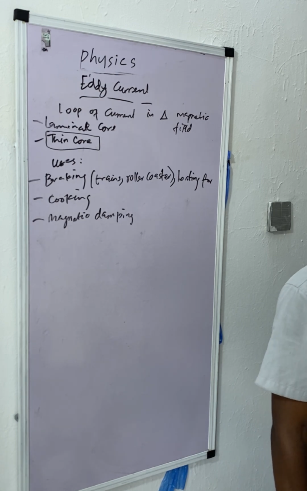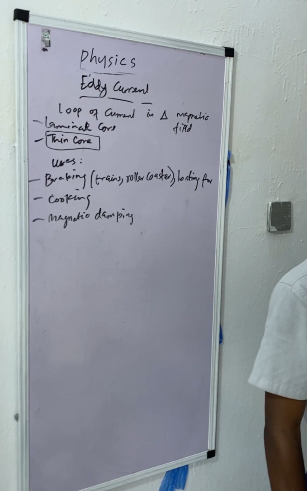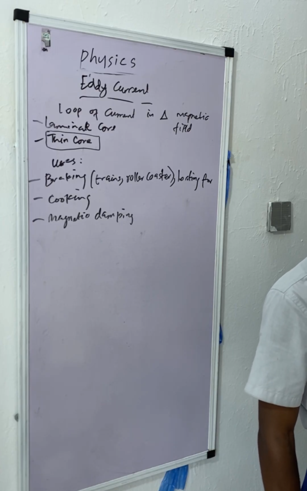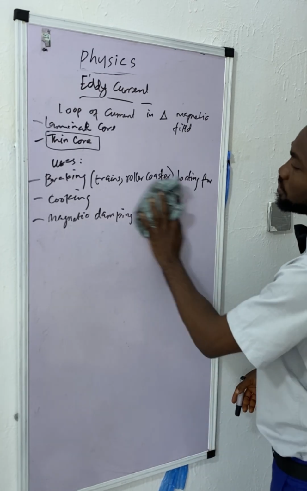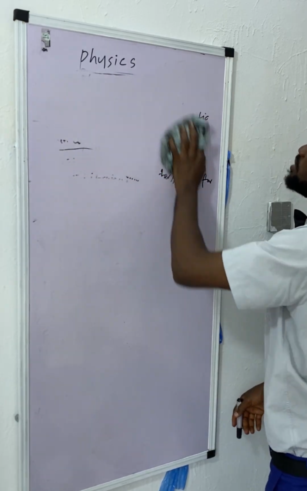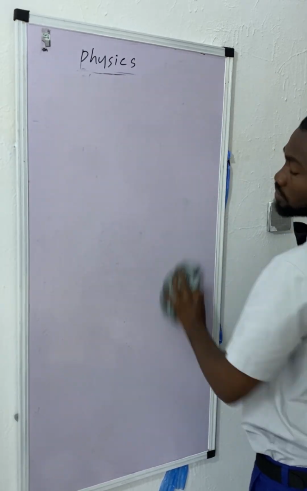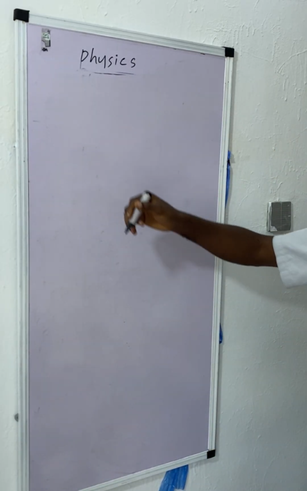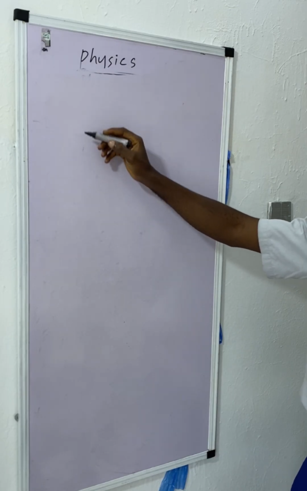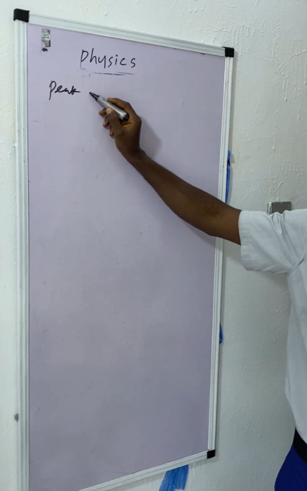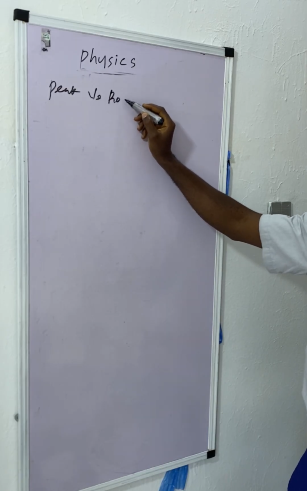Let's look at the final part of the lesson, which is root mean square value versus peak value. There's a relationship between both.